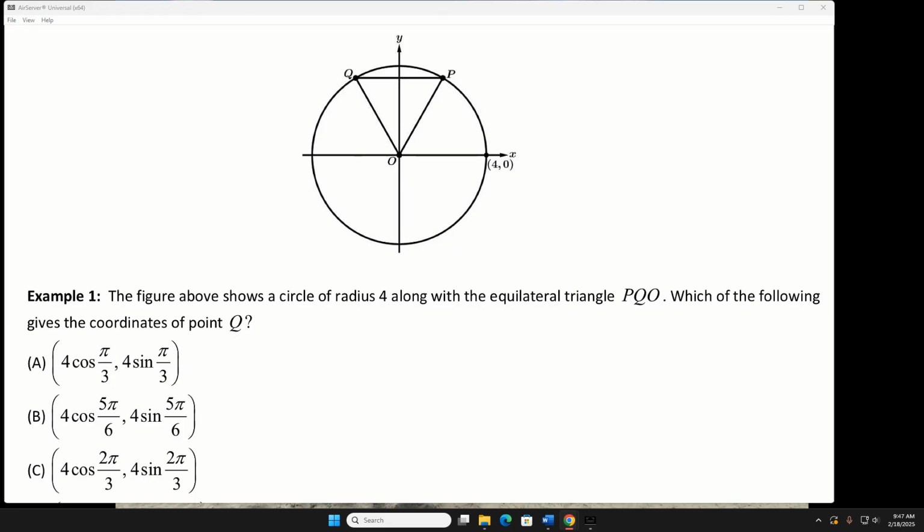All right, what do you know about the angles of every triangle in the world? They add to equal 180 degrees, but we don't think in terms of degrees anymore. So what would that be in radians? Pi. They would add to equal pi. For an equilateral triangle, what do you know about these angles?